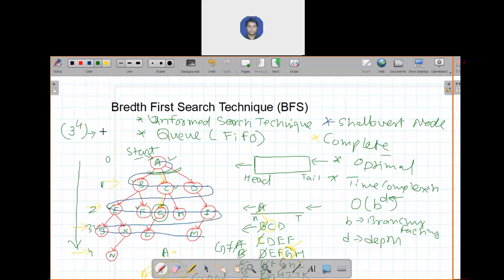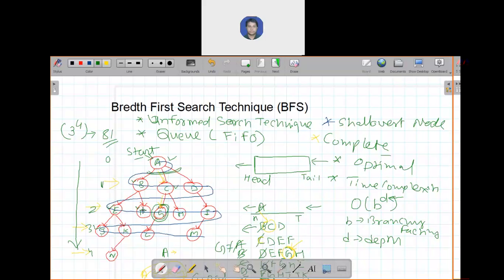3 to the power 4 is 81. So from state A, 81 searches are possible. You will explore 81 times. Okay, just consider your G state is your goal state. Just consider exploring or finding your goal state G. How many states do we have to search?